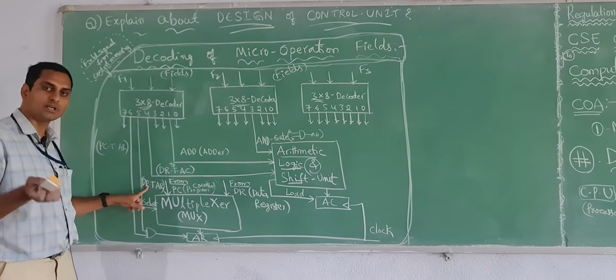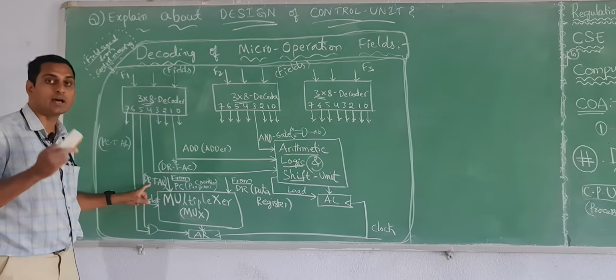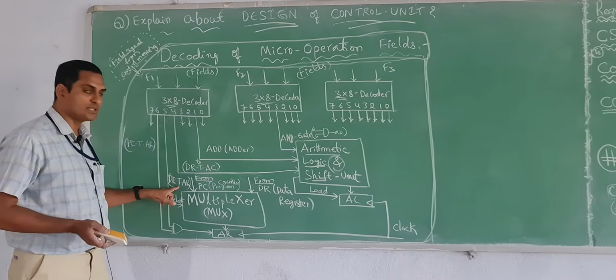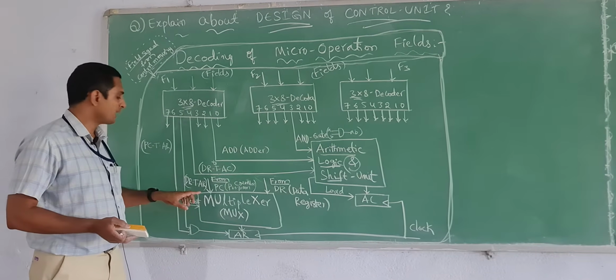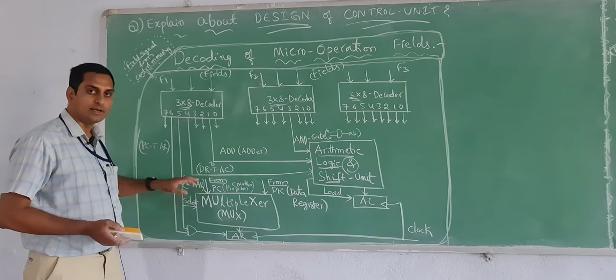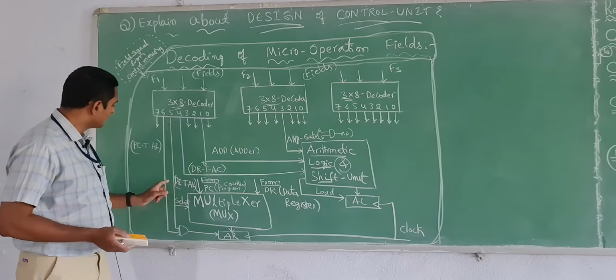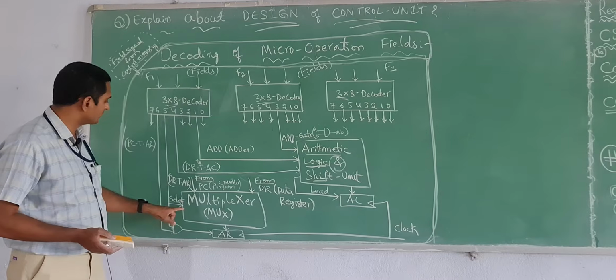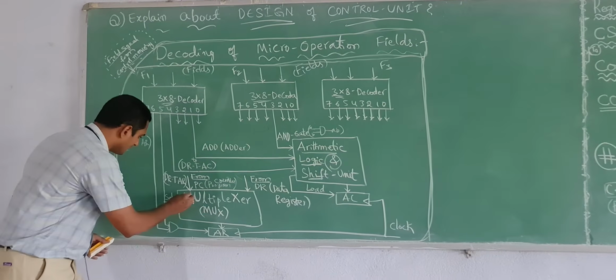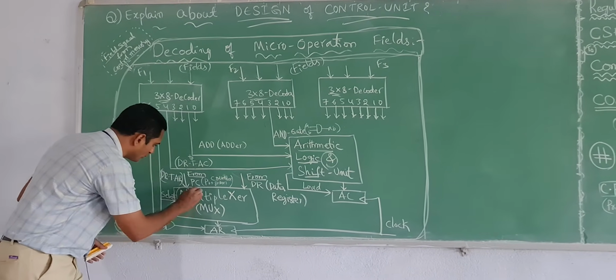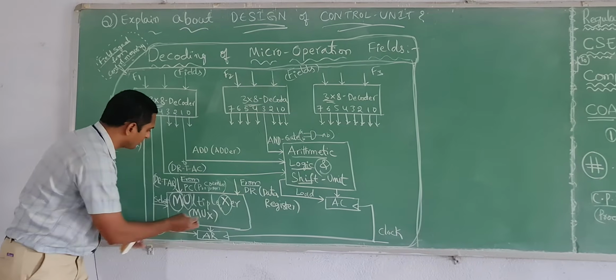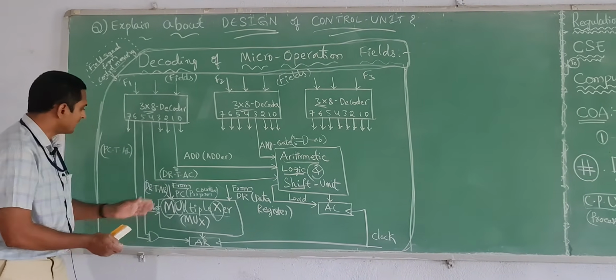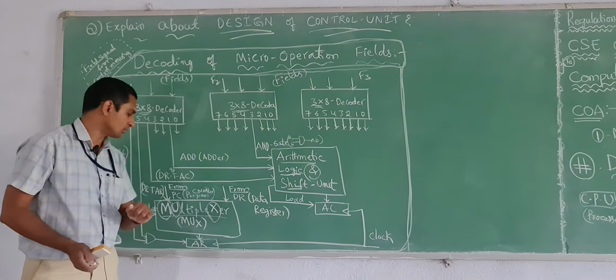DR is data register, as I told you in my previous video. T O 2 means preposition "to". AR is address register. Data register to address register enters the select of this mux. MUX's full form is multiplexer, which takes many inputs and gives one output.